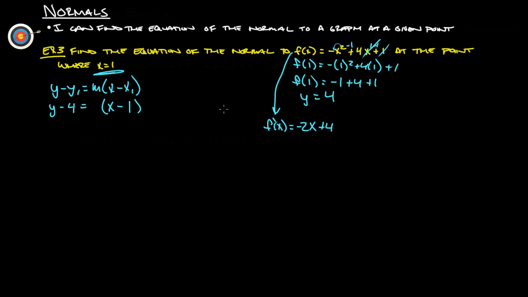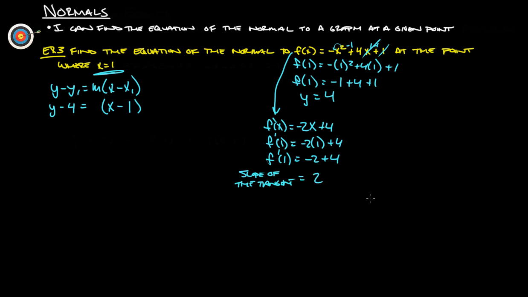To find the slope of the tangent, we plug 1 into this. So f prime of 1 equals negative 2 times 1 plus 4, which is negative 2 plus 4. So the slope of the tangent equals 2.